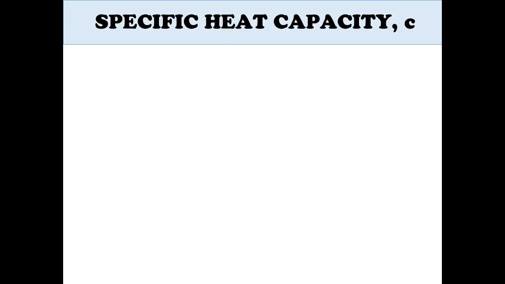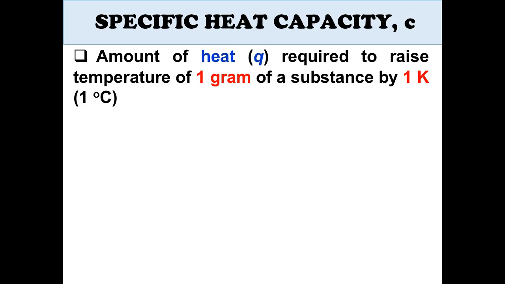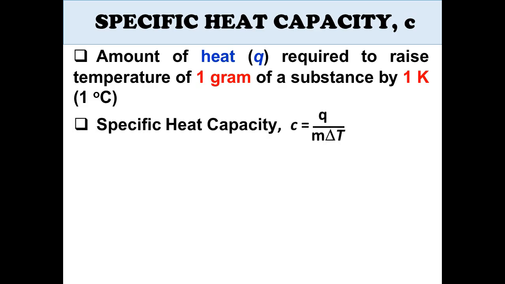For the specific heat capacity, we use the lowercase c. The meaning is the amount of heat required to raise the temperature of 1 gram of substance by 1 Kelvin or 1 degree Celsius. Specific heat capacity is equal to Q over m over the change in temperature.